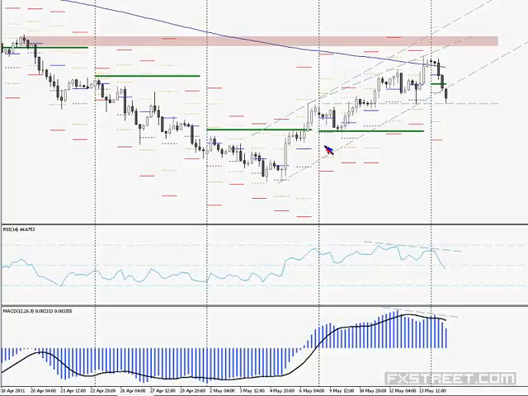That channel is a potential upward sloping channel, since we had, as for the baseline, two contact points, as seen here and here on this interim low.